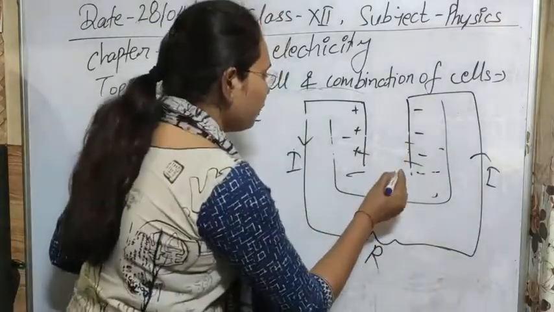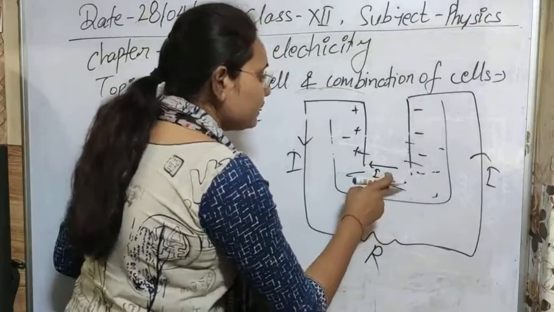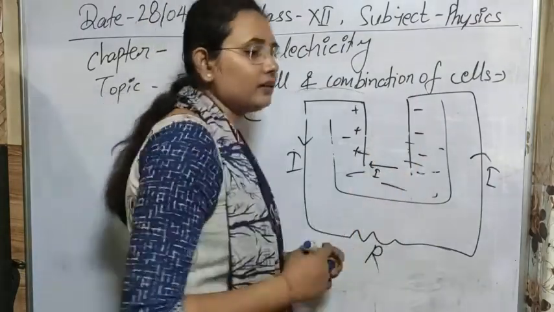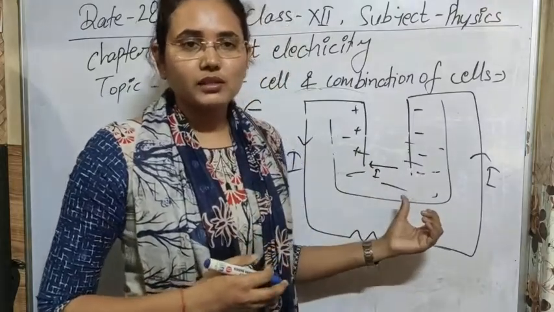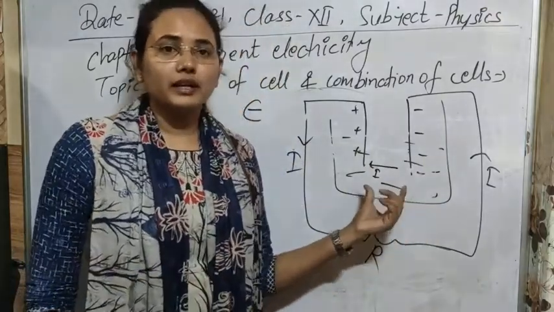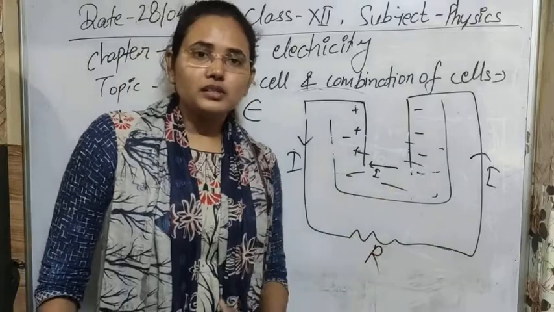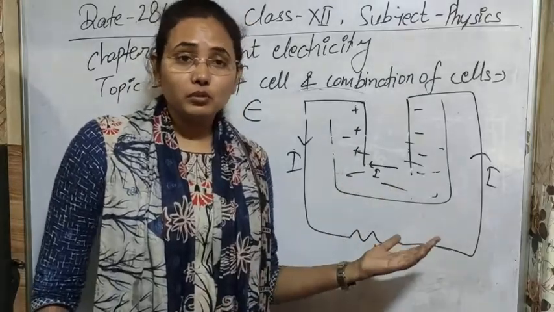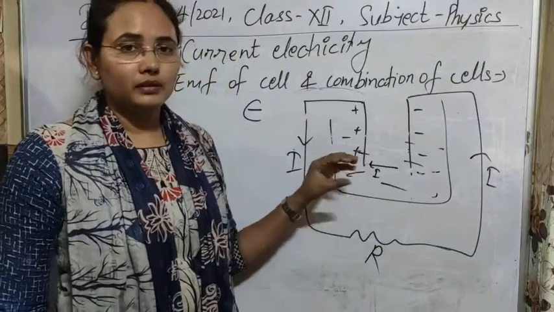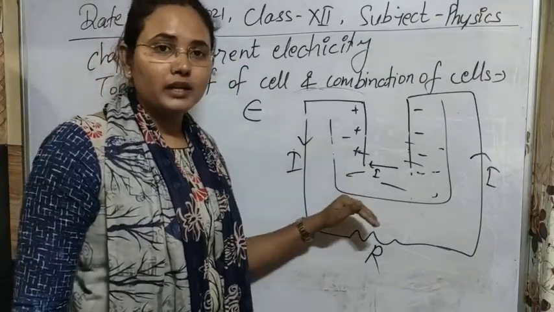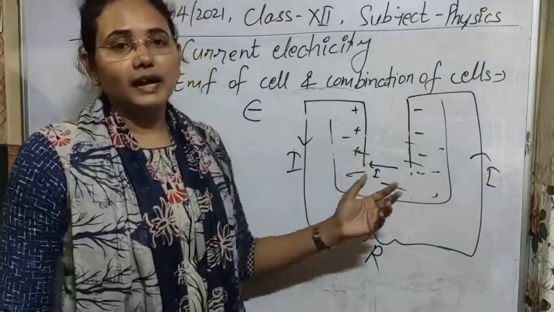So due to the flow of current I, obviously the electrolyte atoms or molecules will oppose its motion. The cell already has internal resistance. Due to its internal resistance it will oppose the motion, and due to this opposition some voltage will be dropped here to overcome that opposition.